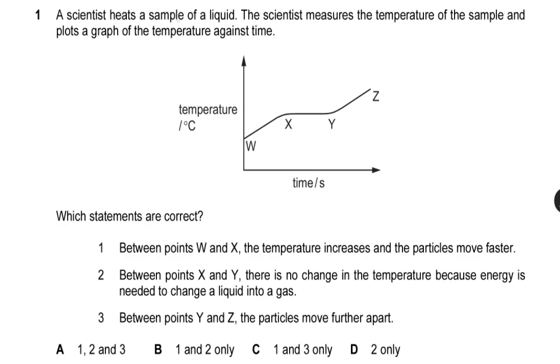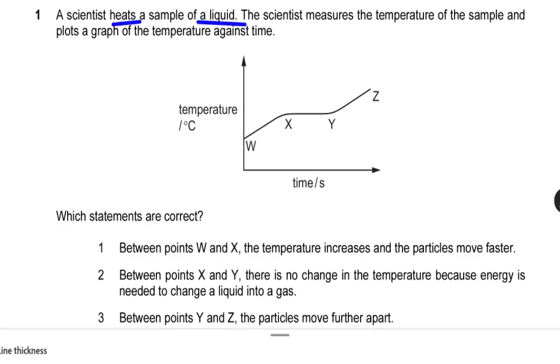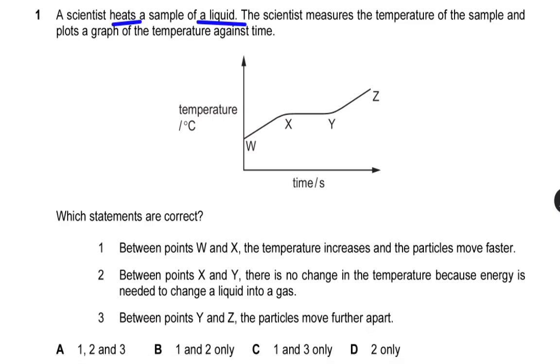A scientist heats a sample of a liquid. So the scientist is going to heat this liquid, which is gaining heat, and after increasing the temperature the particles move faster. Yes, kinetic energy increases. This statement is correct.